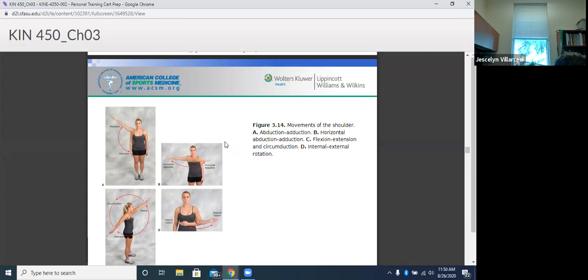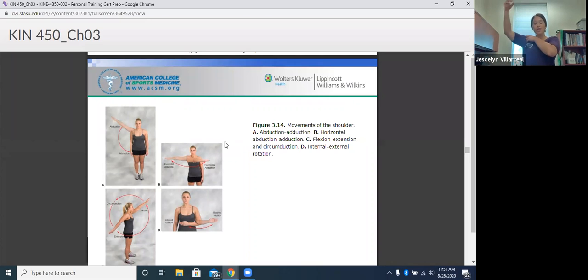Now from there, internal and external rotation. You might see softball and baseball players doing a lot of this. So practice with me: external rotation of the shoulder, internal rotation.